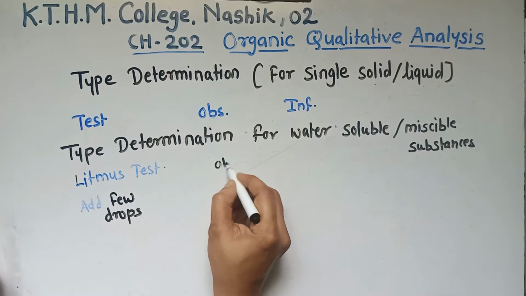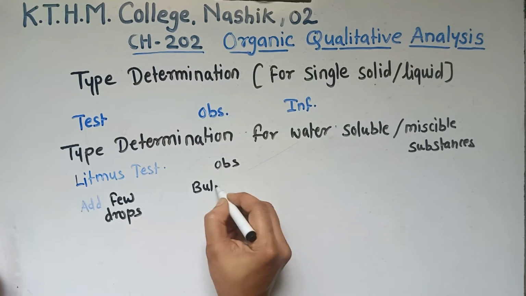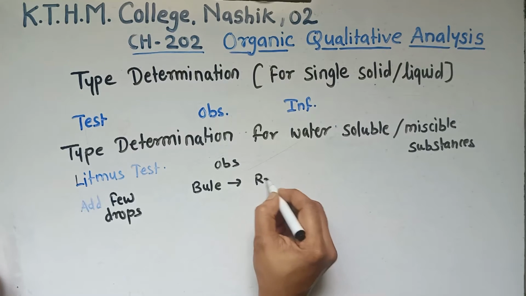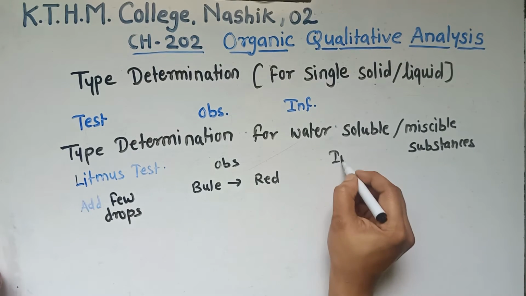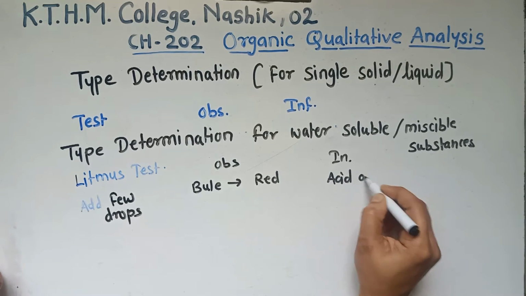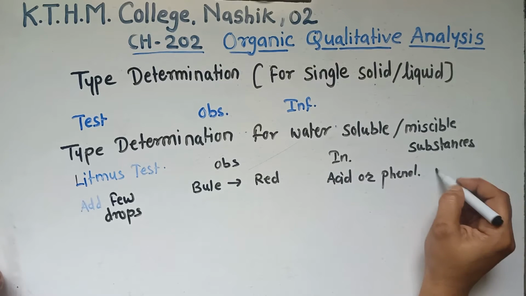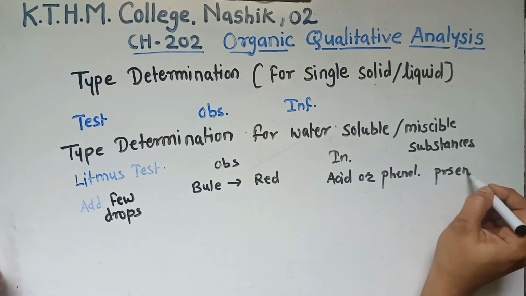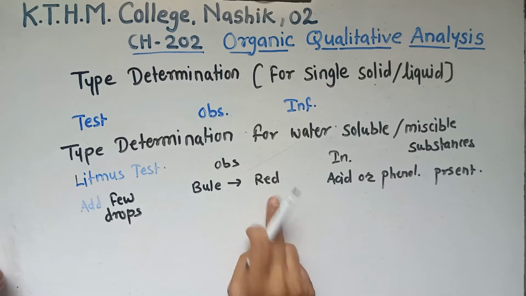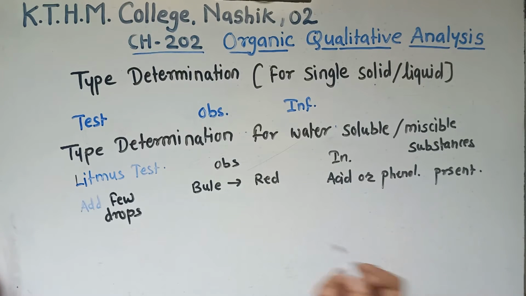Then in the observation part, if blue litmus turns to red, then in the inference part we conclude that acid or phenol is present. Our compound may be acidic or phenolic.